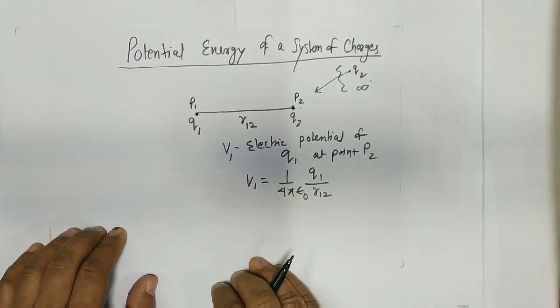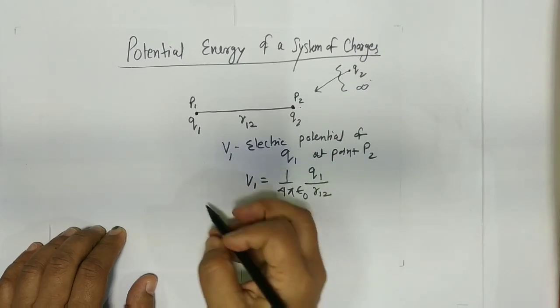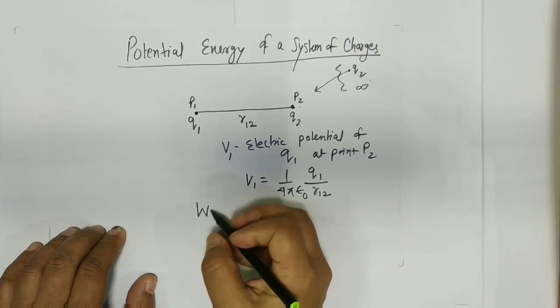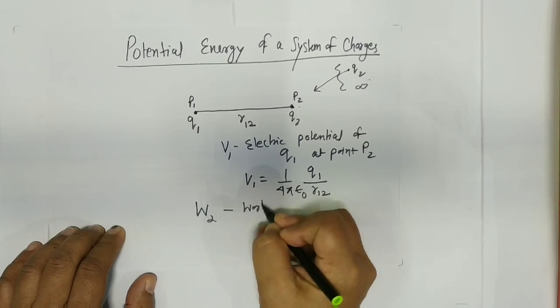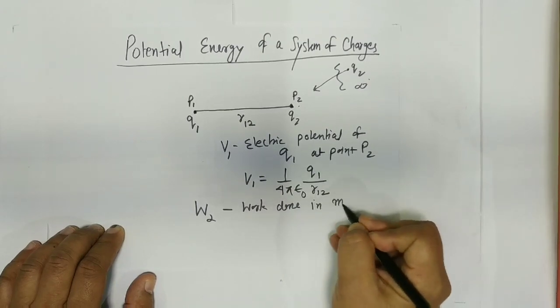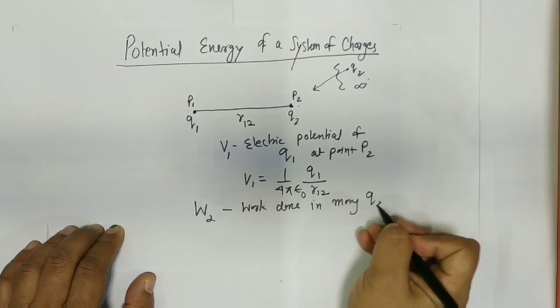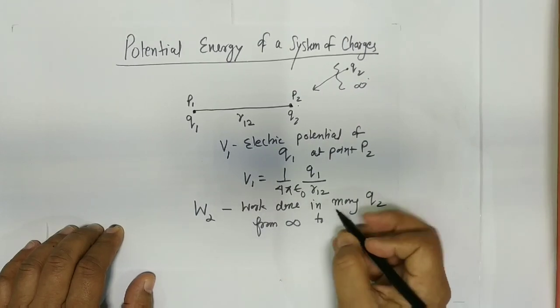So this is the potential. Now if I ask you what is the work done, say W2 we can consider as the work done in moving Q2 from infinity to point P2.